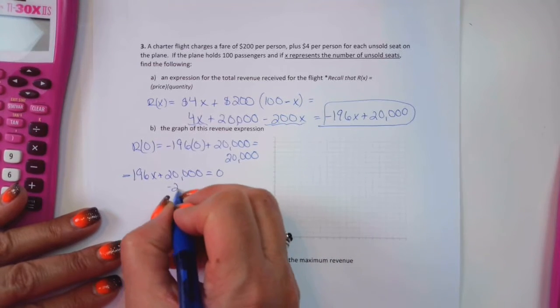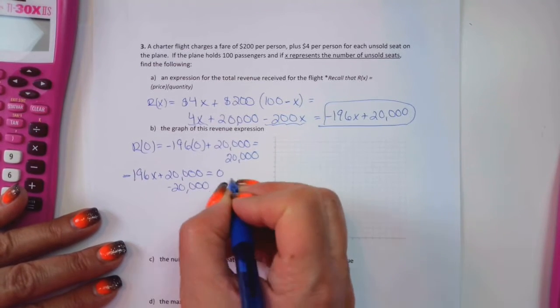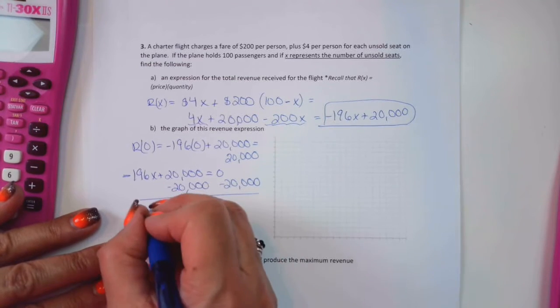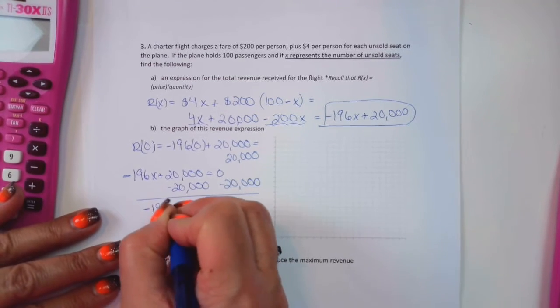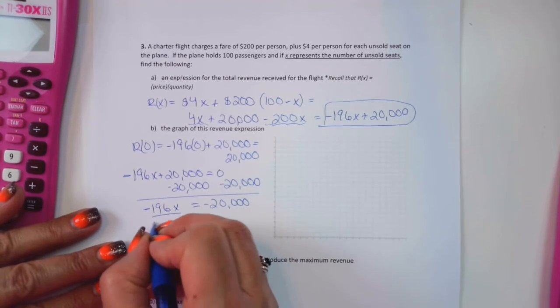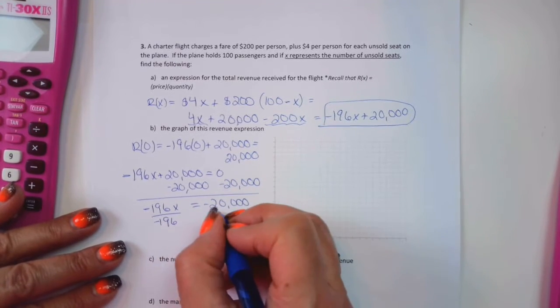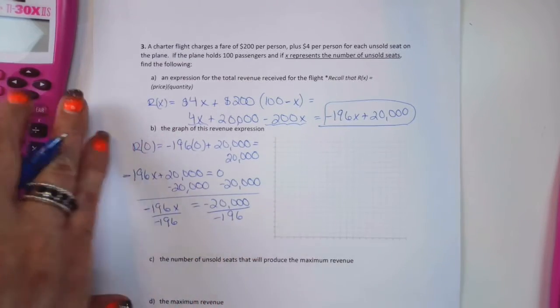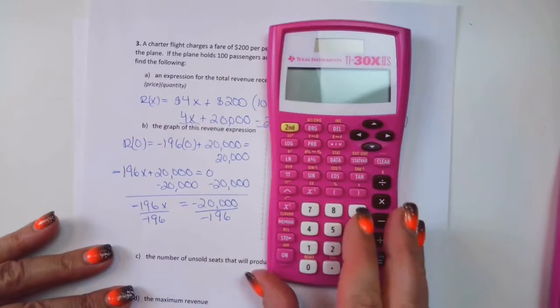So we move 20,000 to the other side, subtract, and we get negative 196x equals negative 20,000. And then we divide by negative 196.